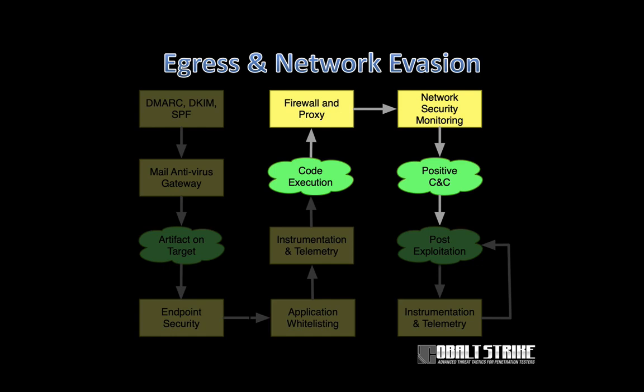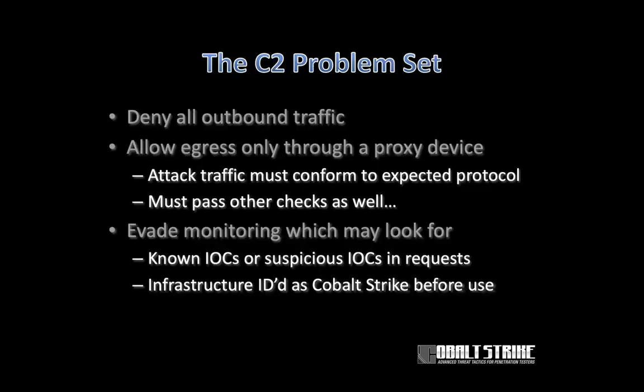Let's jump into the exciting and woolly world of egress and network evasion. In our attack chain, I assume we have code execution, and we're going to talk about steps to ensure that you have positive command and control over your beacon payload. Here is the command and control problem set.